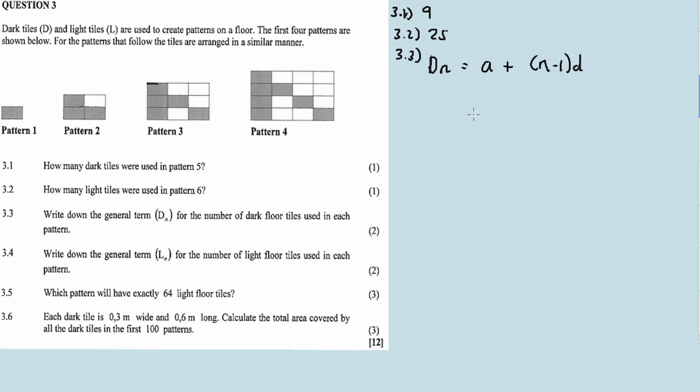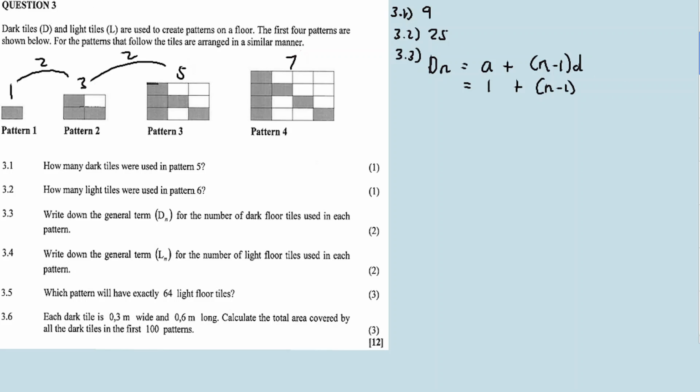We use this formula for finding our nth term. A is the first term, remember 1, 3, 5, 7 for the dark tiles. A is the first pattern, 1 plus n minus 1, and d is the common difference. The common difference is 2, 2, 2, 2, right?